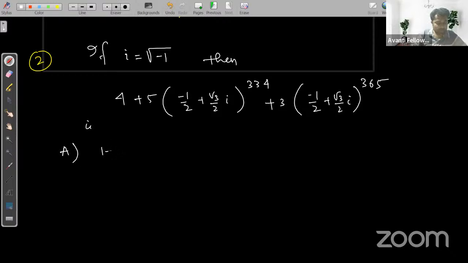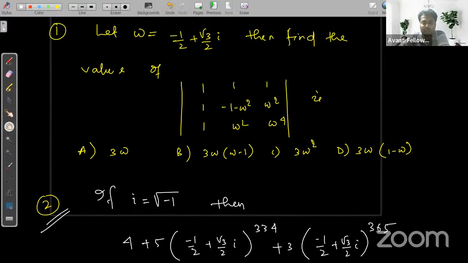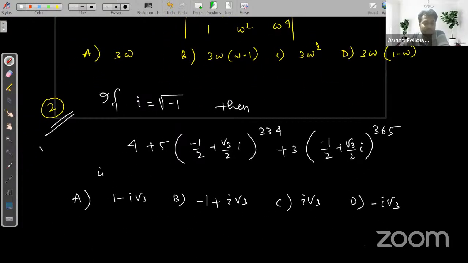Answers are: first is 1 minus i root 3, second is minus 1 plus i root 3, third is i root 3, and last one is minus i root 3. So these are the two homework questions for you. You can note down these two questions and solve them by the next class.